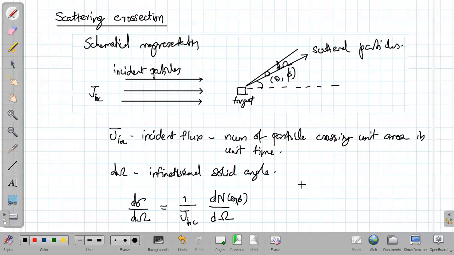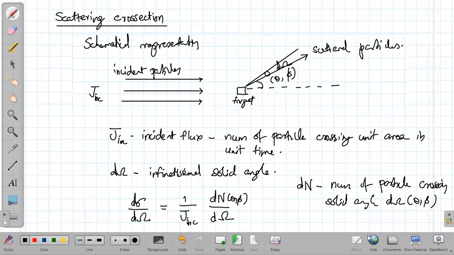Okay, and what is dn? dn is the number of particles crossing the solid angle d omega, which is at angle theta phi, in unit time.